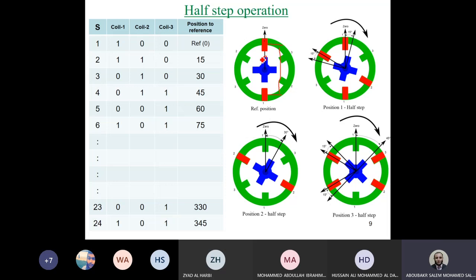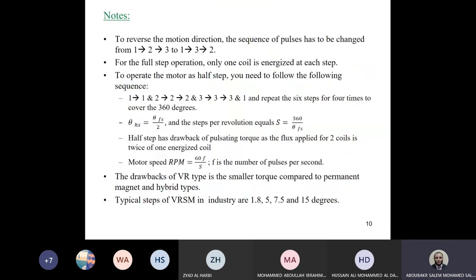Is it clear? Yes, clear. So the drawback of variable reluctance is that it has smaller torque compared to the permanent magnet type. Also, the typical steps for variable reluctance in industry are like 1.8, 5, 7.5, and so on. These are the typical steps used in industry.